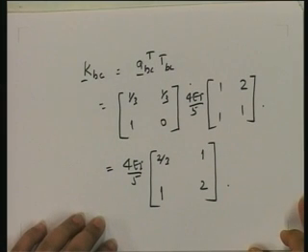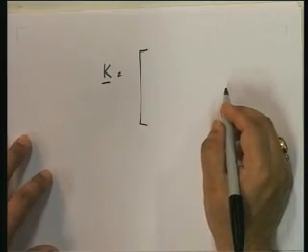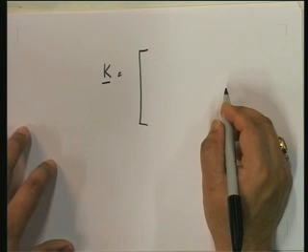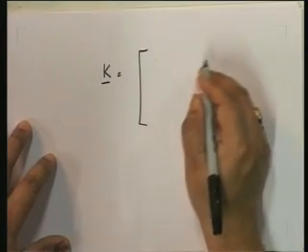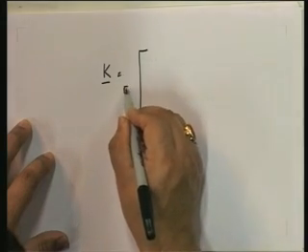If we put it together, we get the K matrix. I'm going to put EI outside.